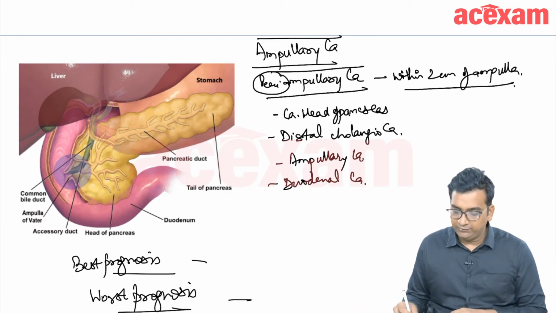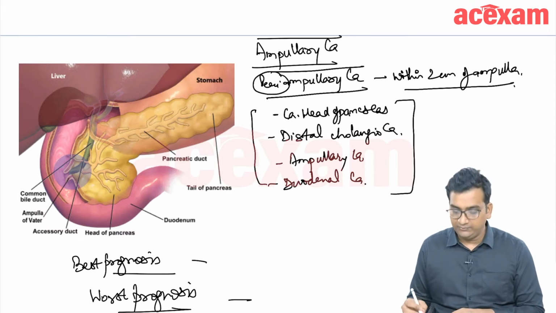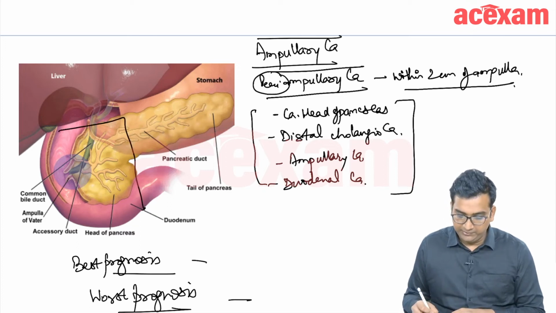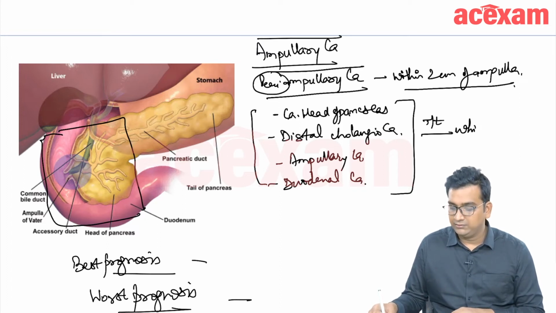Okay, so these 4 together forms the periampullary carcinoma. Why they are clubbed together? Because the treatment is same for them. The treatment is a Whipple's pancreaticoduodenectomy.